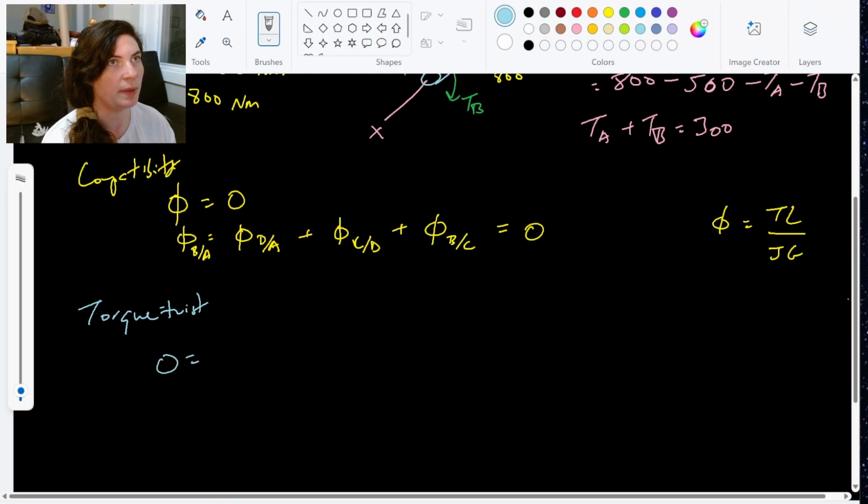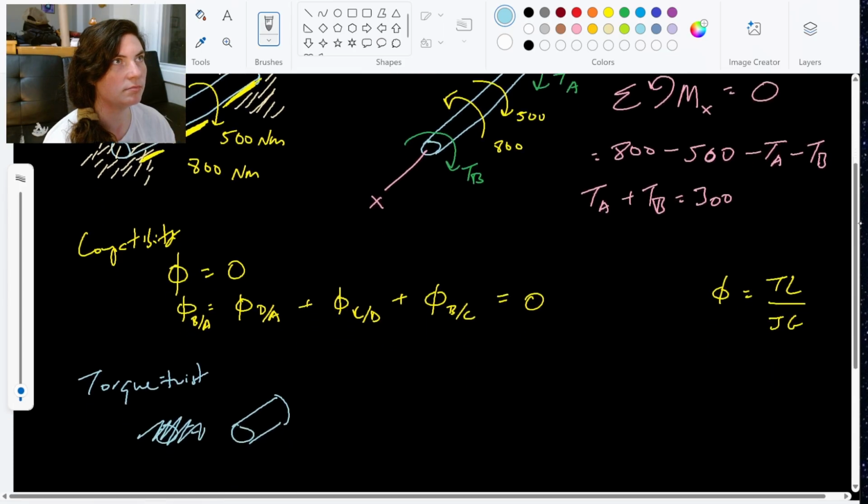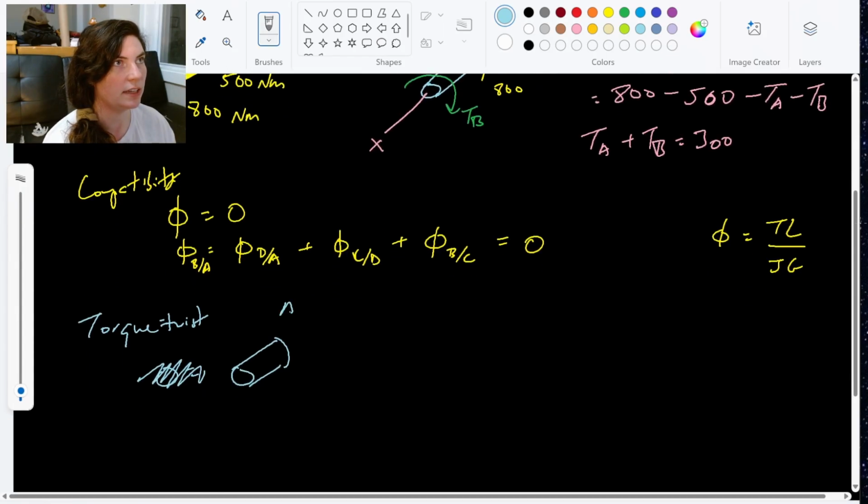for D with respect to A is going to be, if we go ahead and chunk that out, let me chunk these out first. I don't want to do this whole equation. Let's chunk these out. I'm going to look at just the section, just section AD. So we cut our thing right before we get to D, and what we see is TA torque, and then we have the reaction torque here.